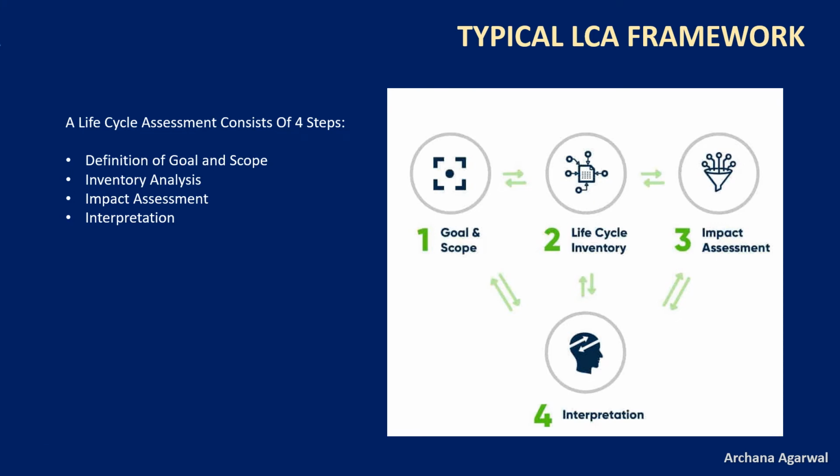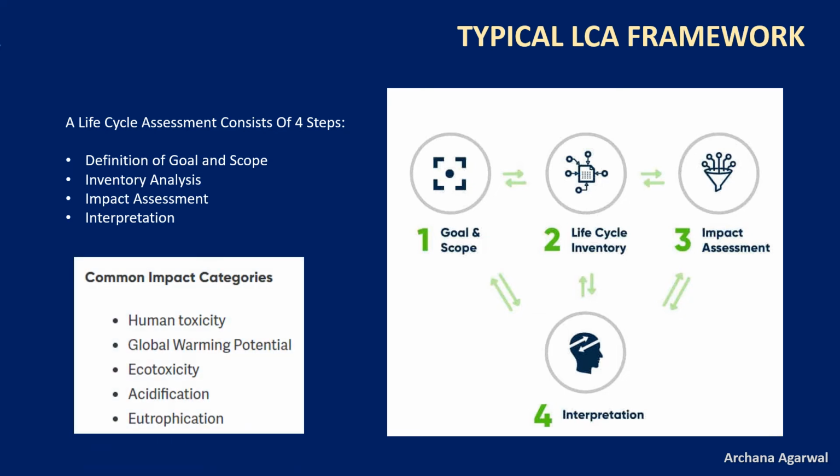In step 3, we evaluate how significant the impacts are. We select the impact category. Various categories are human toxicity, global warming potential, ecotoxicity, acidification, and eutrophication. For example, global warming potential is measured in CO2 equivalents.